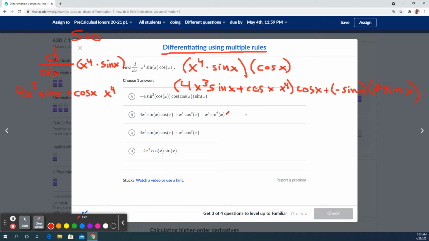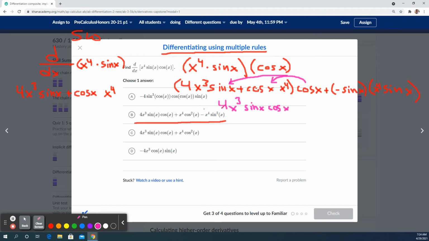All right, so what do we got going on here to simplify? It's looking like it's going to be something like this one here, but let's just go ahead and confirm. I'm going to go ahead and let's do pink. So it looks like they're distributing the cosine x to those two. So that would be 4x cubed sine x cosine x.